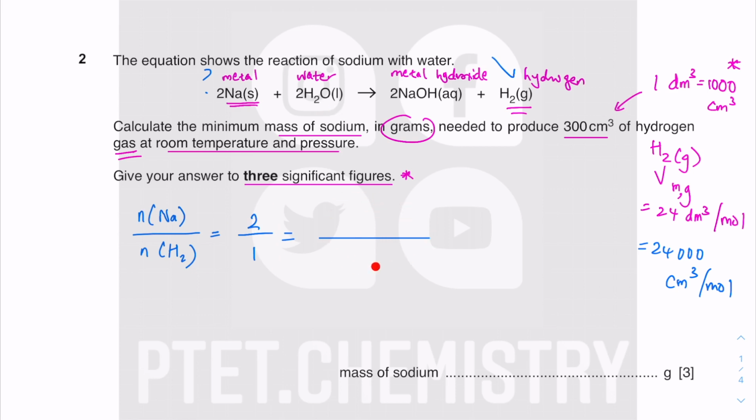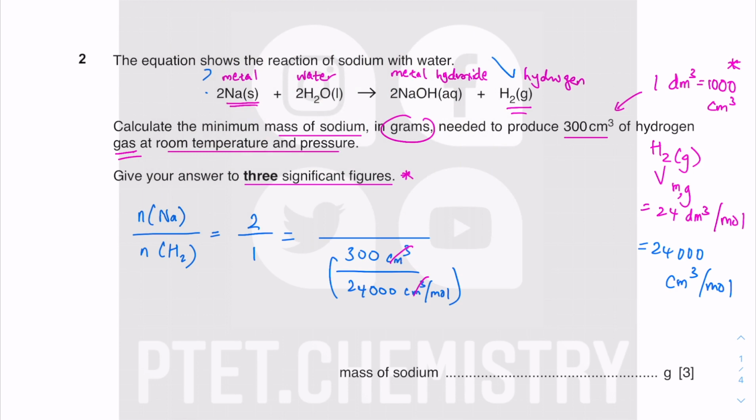I have the mole of gas. The mole of gas is going to be the volume of gas divided by the molar volume, the unit of which must be the same in order for the unit to cancel out. So there is cm cube divided by 24,000 cm cube per mole. Notice that I've decided to put a unit in there so that you could see and not divide by 24, because 24 is 24 dm cube per mole, and you got to be very careful about your units, which is basically maths.